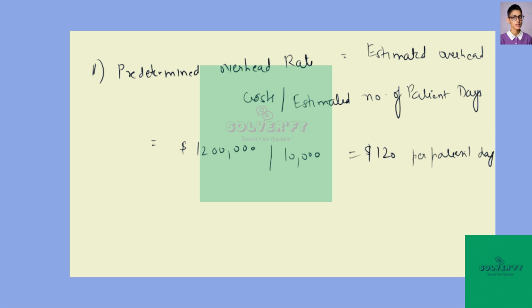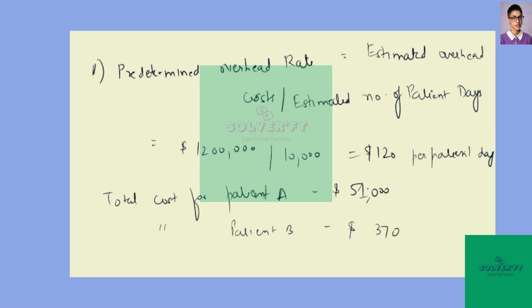Therefore, the total cost for patient A is $51,000. Total cost for patient B is $7,000.